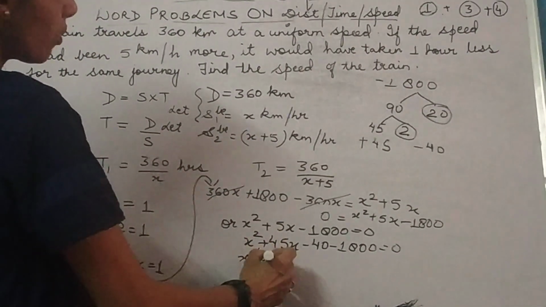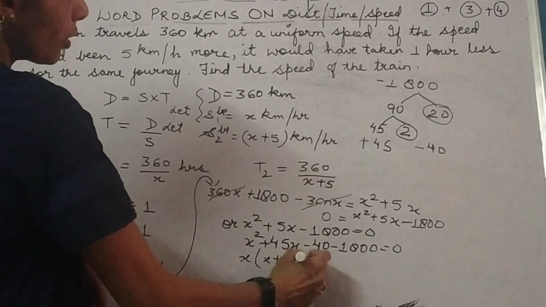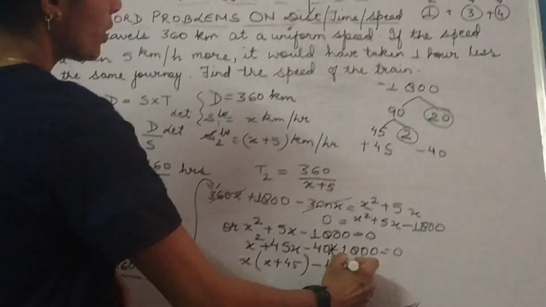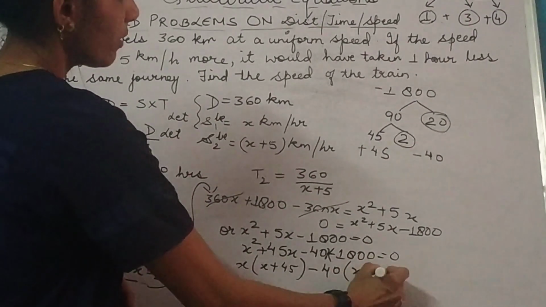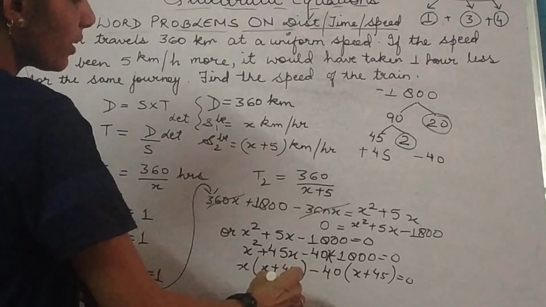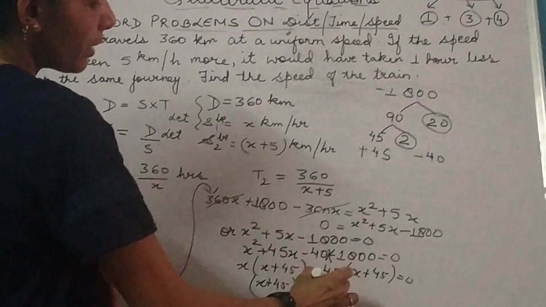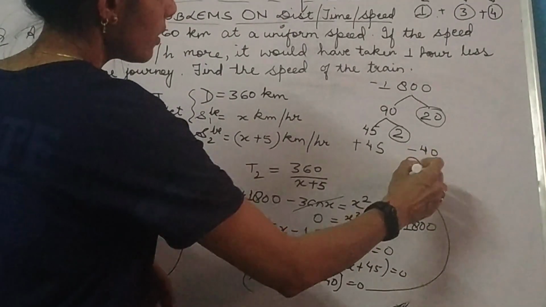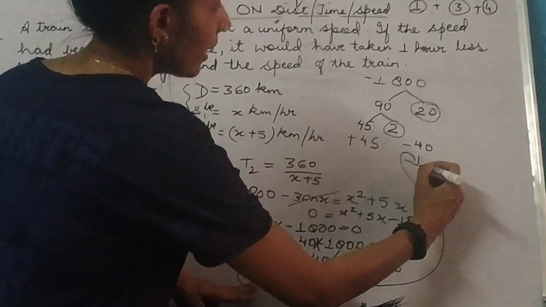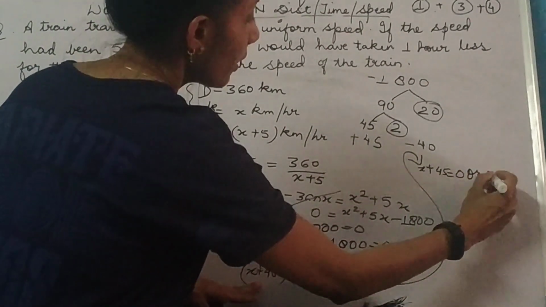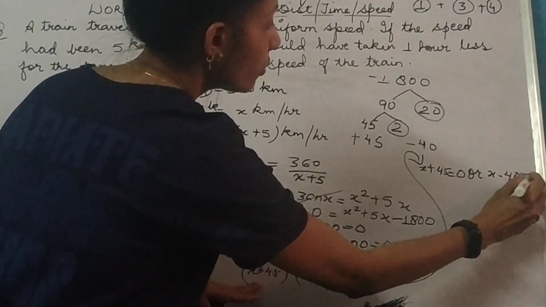x I can take common. So this is x into x plus 45, minus 40 into x plus 45 equal to 0. That means x plus 45 and x minus 40 equal to 0, which gives me either x plus 45 is 0, or x minus 40 equal to 0.